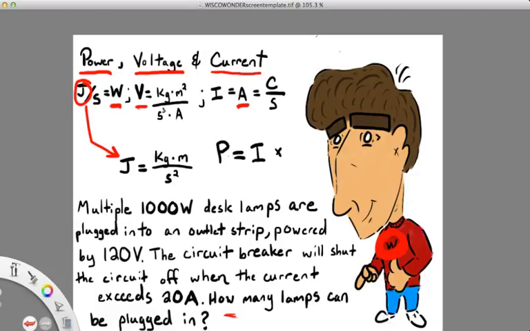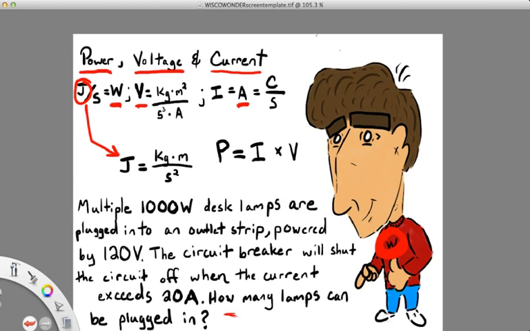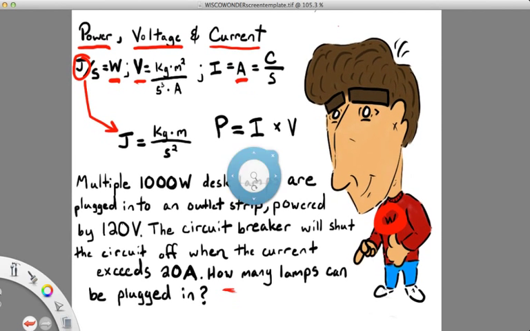Anyway, power is given by the current times the voltage. And so this problem down here, you basically need that equation to solve it. It says that multiple 100-watt desk lamps are plugged into an outlet strip, and this is powered by 120 volts.